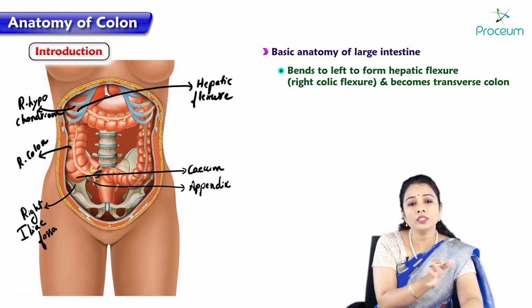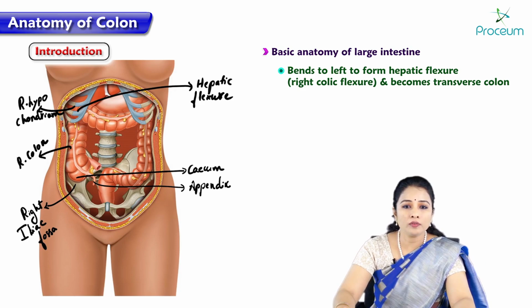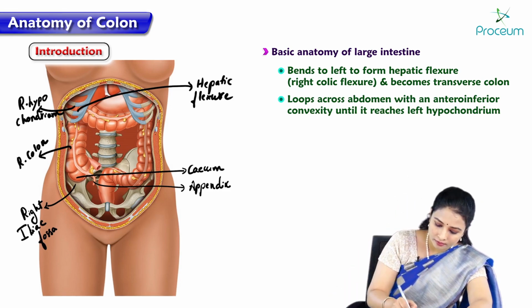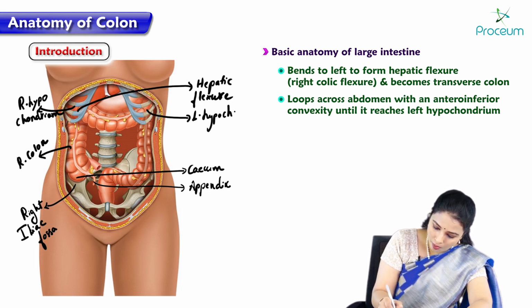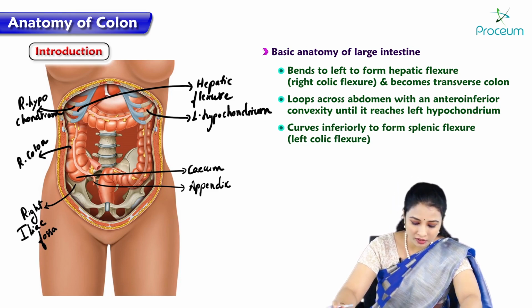The ascending colon turns to form the transverse colon. The turn is called the right colic flexure or hepatic flexure. The transverse colon loops across the abdomen with an anterior inferior convexity until it reaches the left hypochondrium, where it curves inferiorly to form the splenic flexure or left colic flexure.